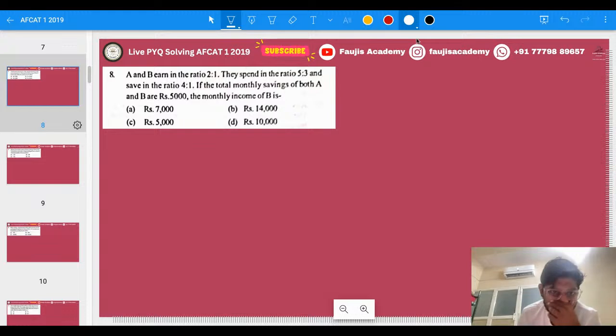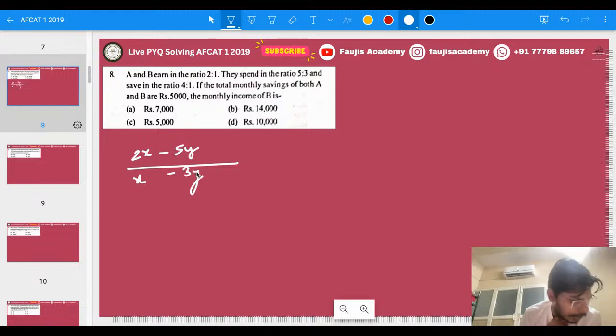A and B earn in the ratio 2 is to 1. And they spend in the ratio, let's say, 5y is to 3y. And their saving is income minus expenditure, isn't it?